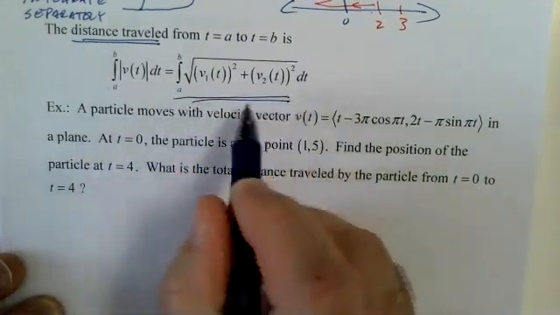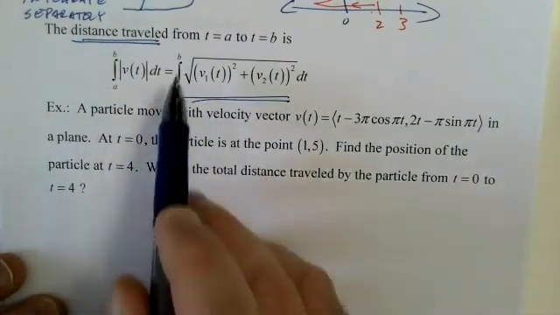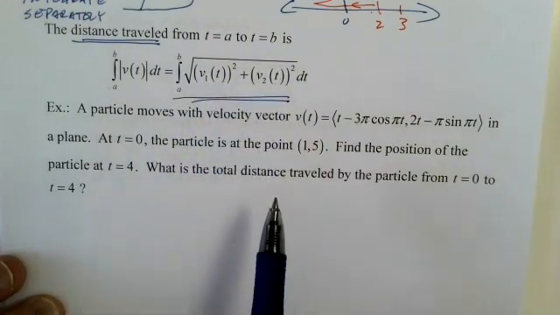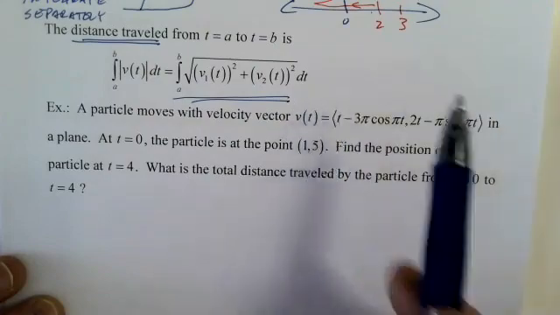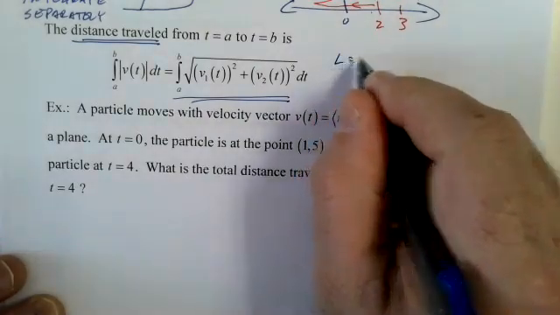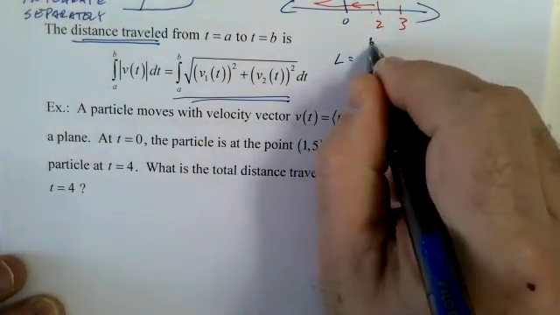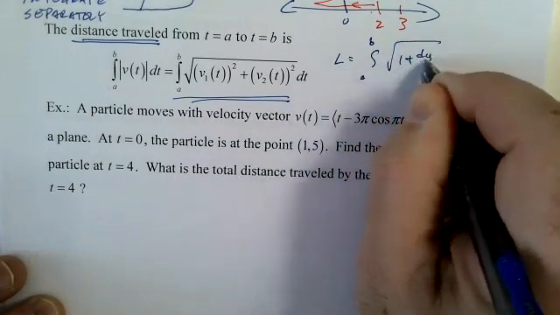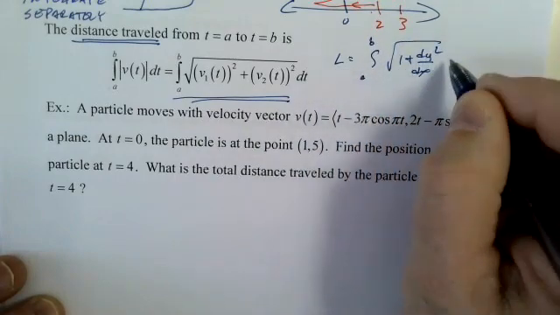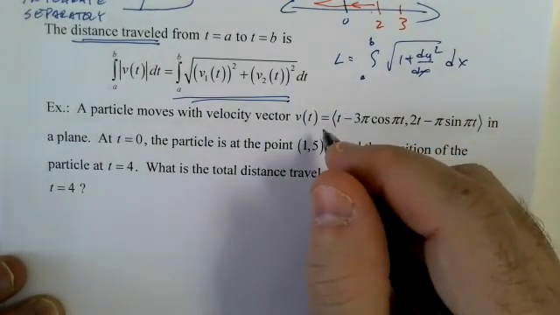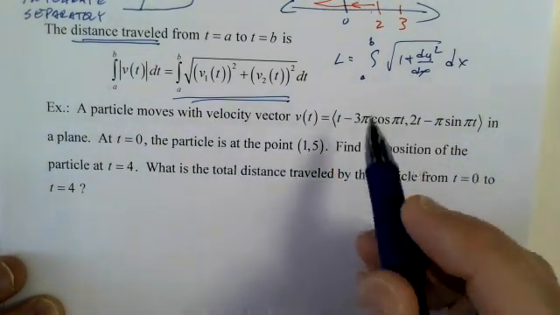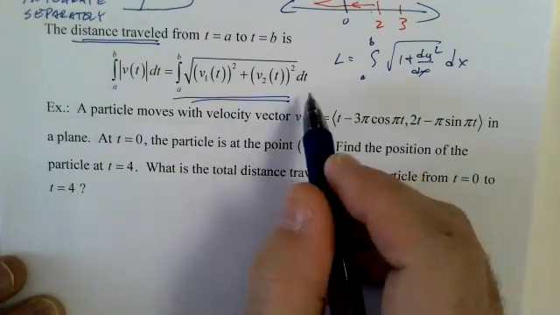This is our third formula we have to remember. We've got a big square root of something squared plus something squared. The first one is length of a curve in dy dx. It was from A to B, the square root of 1 plus dy dx squared. All right, so we did that one. And then we had parametric. Actually, it's the second one already. Well, no, parametric's a little bit different, but it's the same idea.